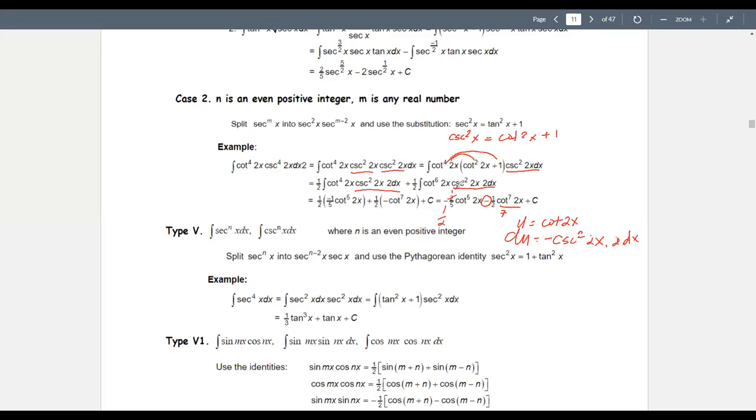It should be like that. So your final answer should be negative 1/10 cotangent to the 5th 2x, and for this one, negative 1/2 times 7, that would be 14, cotangent of 2x raised to 7 plus c. So there's a typo error here and in here.